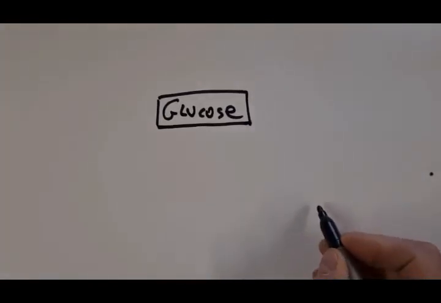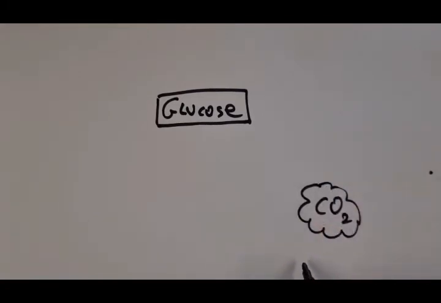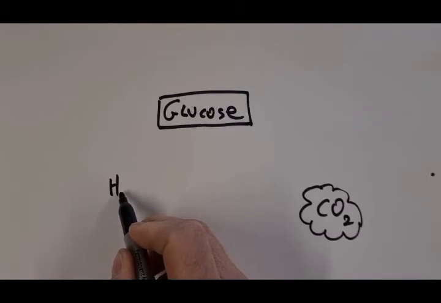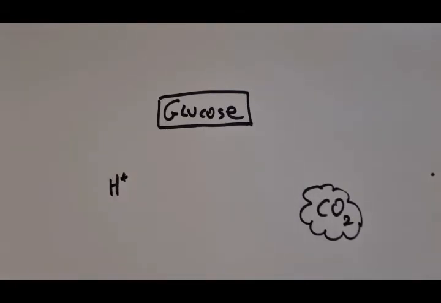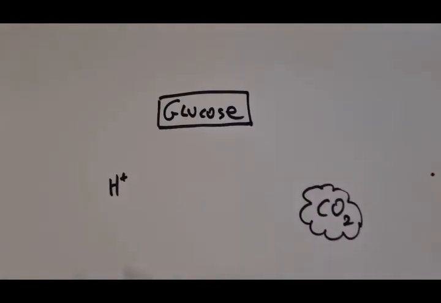In order to make glucose, we need to have carbon dioxide. Okay, and we need to have lots of protons. So the H's and the CO2 will together make glucose. In order for this to happen, we need to have energy. Energy is available here in the form of this high energy molecule called ATP.